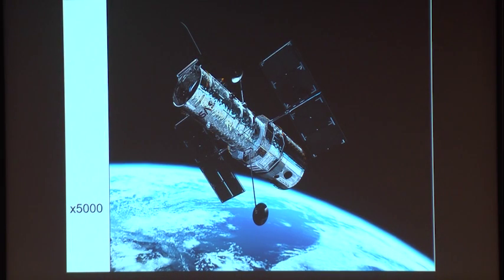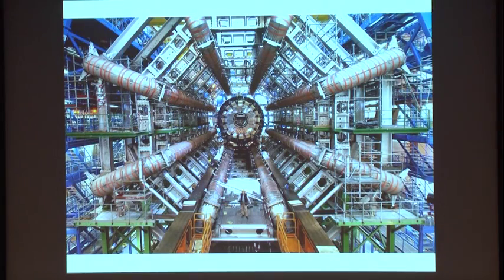We have much larger instruments. This is the Hubble telescope with a magnification factor of 5,000 that are capable of producing petabytes of data very rapidly. And of course, in this case, the data is to be beamed down to Earth and stored and then analyzed using statistical, machine learning, AI methods, such as deep learning.